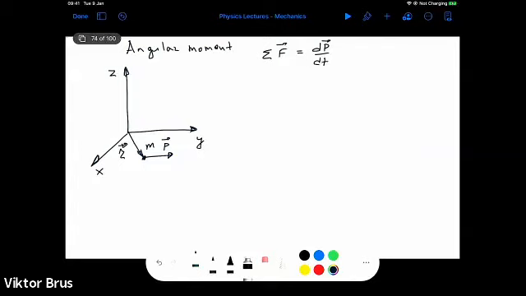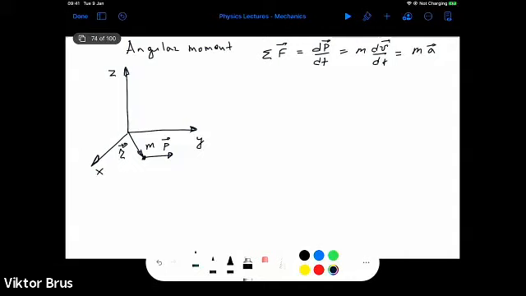Actually, it makes sense, because it's m times dv over dt, and this is m times acceleration. So it's the second law of motion, but just in differential form, defined in terms of linear momentum.